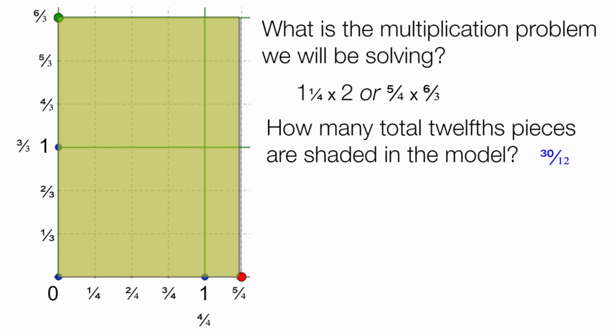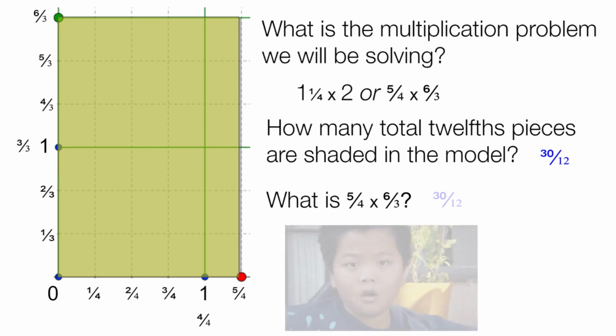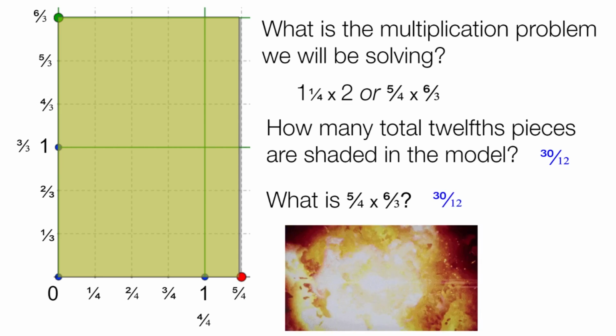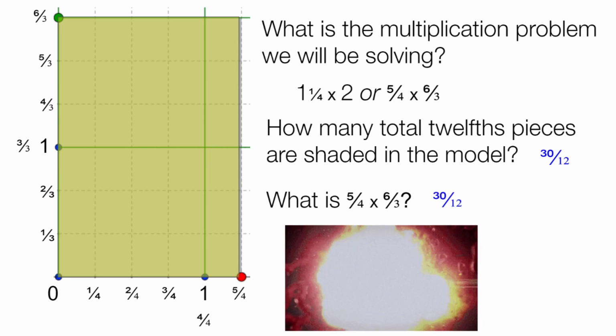Let's look at our equation we had. Another way of doing this is we're trying to figure out the area of 5/4 by 6/3. So if we multiply 5/4 by 6/3, what do you get? You also get 30/12.